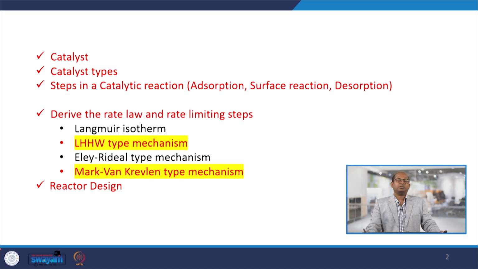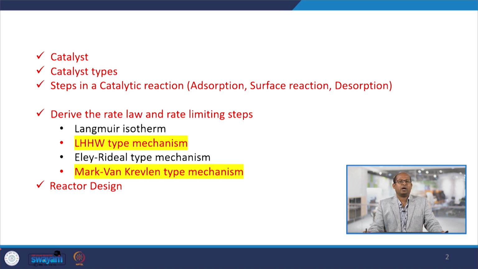All these product and reactant concentrations you have to find out experimentally at particular reaction conditions, and based on that you find the rate. Once we know those values, we can fit the equations we have developed, one by one.